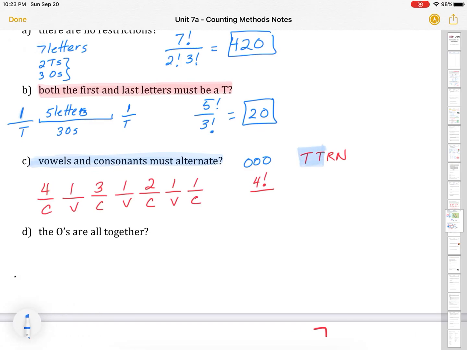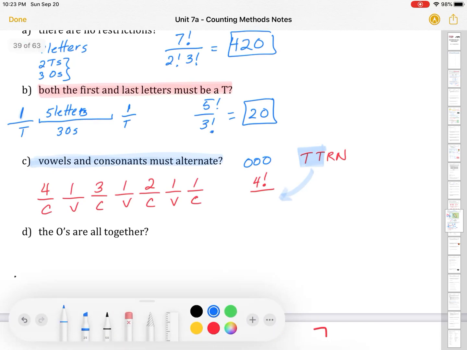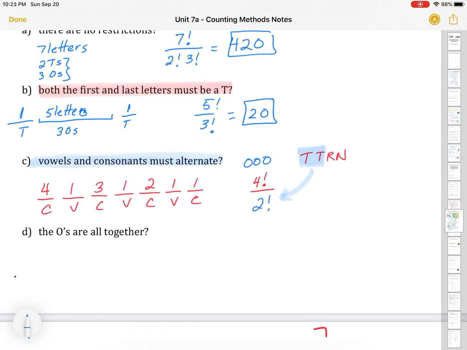Now, the only thing is, with those consonants, I still have two identical terms. So I need a 2 factorial there because I have those two T's. The O's are all accounted for because they are what they are.